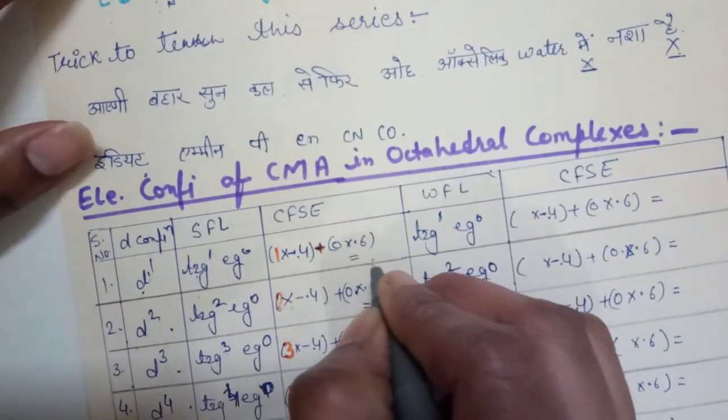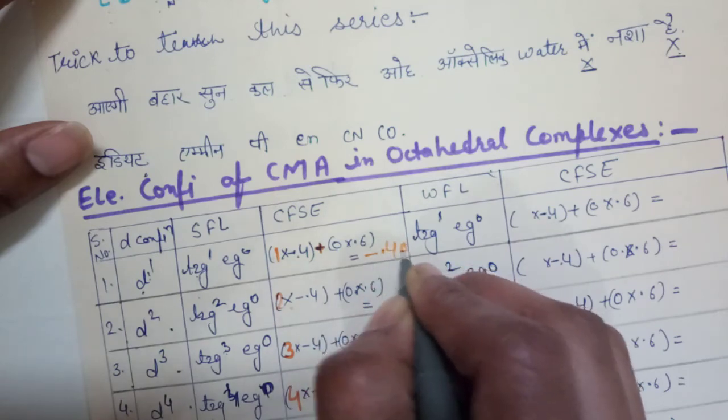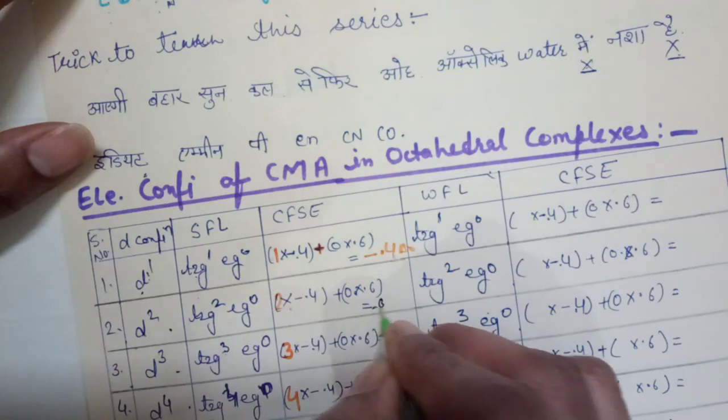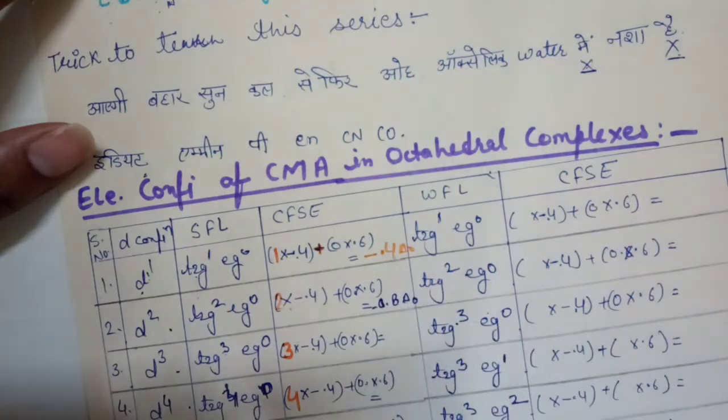Here the CFSE will be minus 0.4 delta O. Here the CFSE will be minus 0.8 delta O.